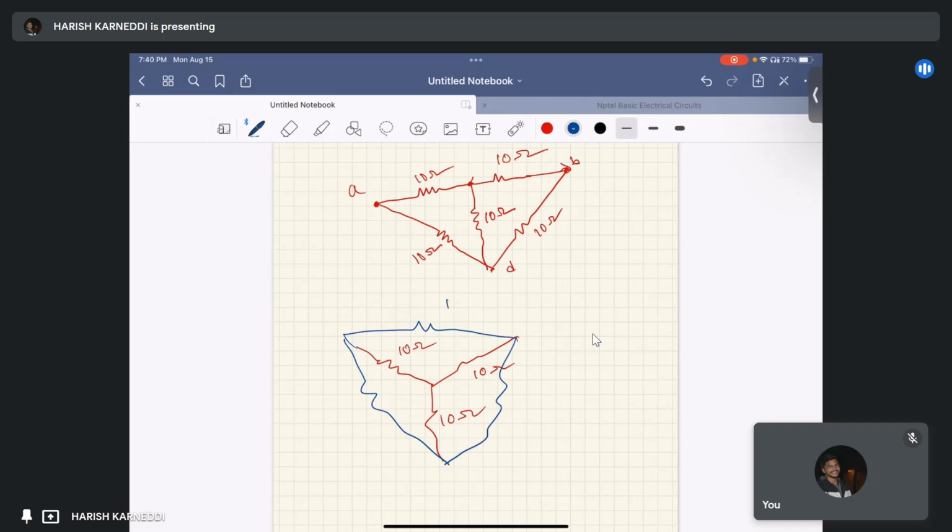This resistance equals 10 ohm into 10 ohm plus 10 ohm into 10 ohm plus 10 ohm into 10 ohm by 10 ohm, right? It equals 30 ohms. This resistance is also the same, 30 ohm. This is also 30 ohm, right?